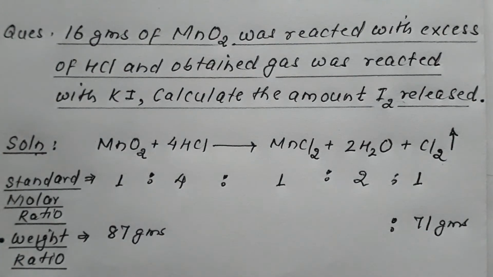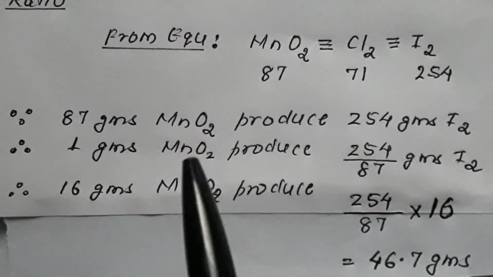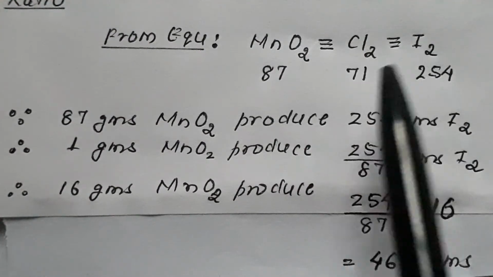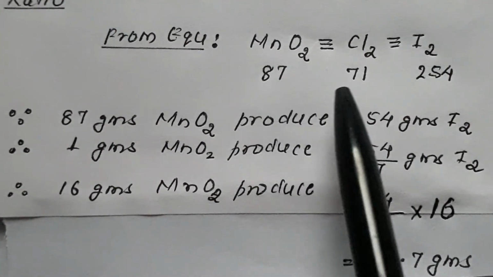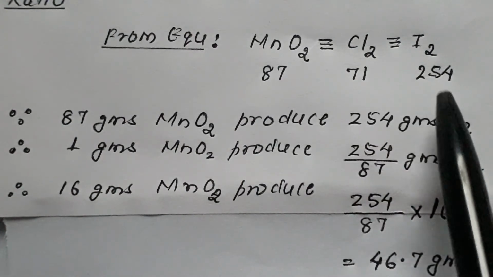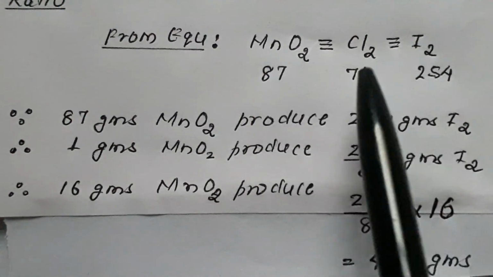So let us continue with the calculation. Based on the two equations, 1 MnO2 is equal to 1 chlorine is equal to 1 iodine, that is, 87 grams of MnO2 is equivalent to 71 grams of Cl2 and 254 grams of iodine. Now we consider only MnO2 and iodine.